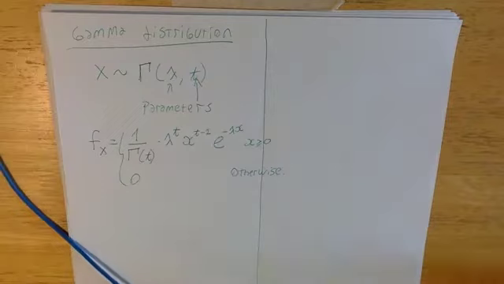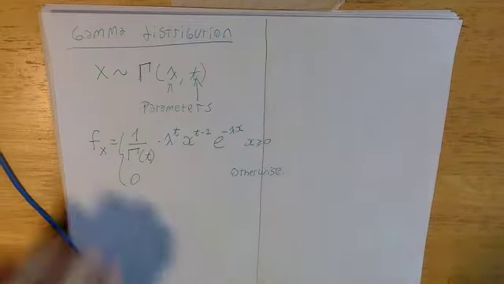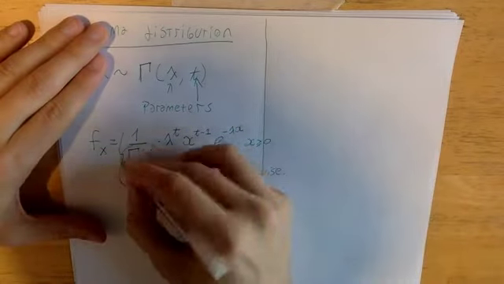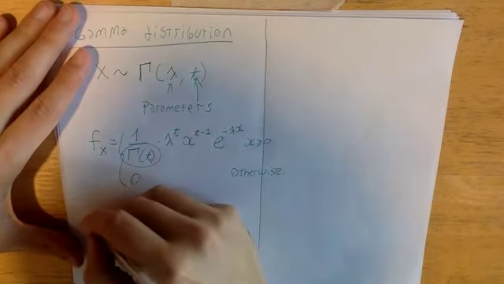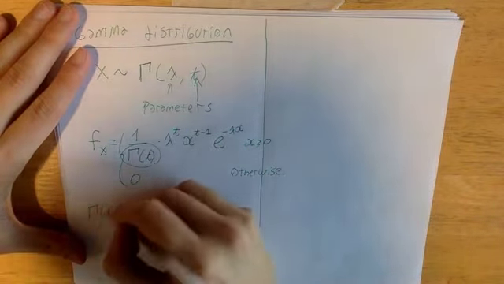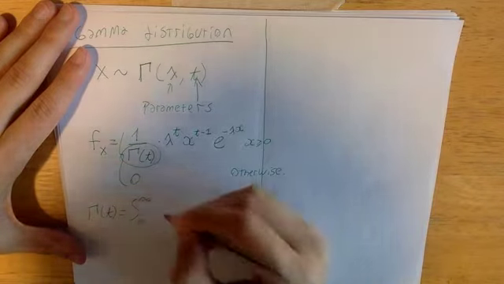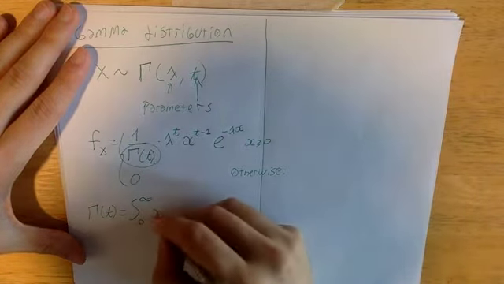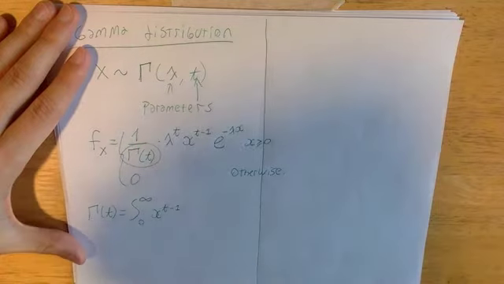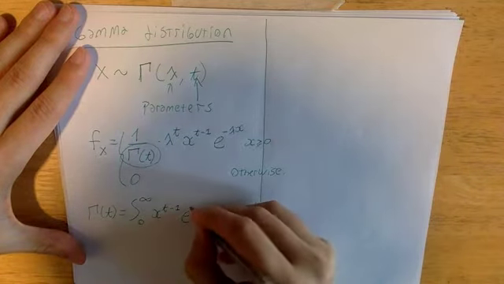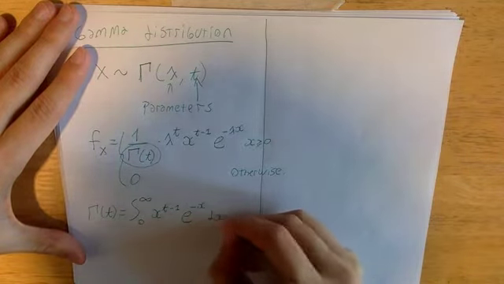Okay, and where does this gamma distribution come from? First of all, I should tell you what gamma of t is. Gamma of t is the gamma function. So gamma of t is the integral from 0 to infinity of x to the t minus 1 times e to the minus x dx.